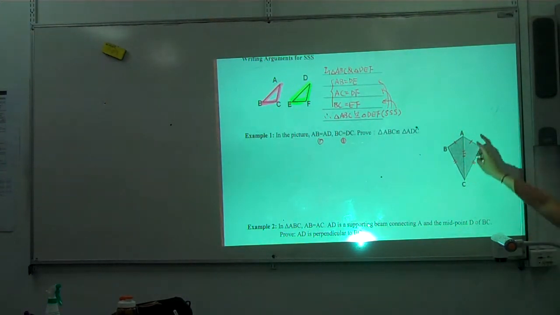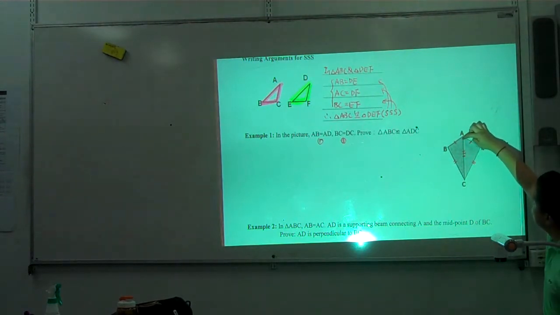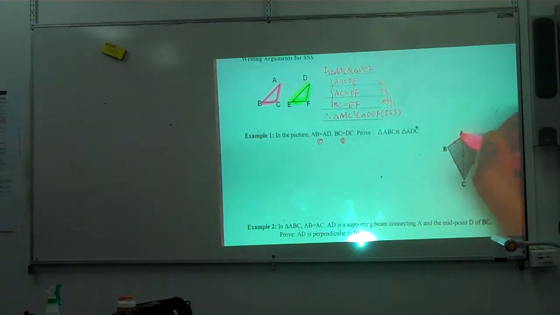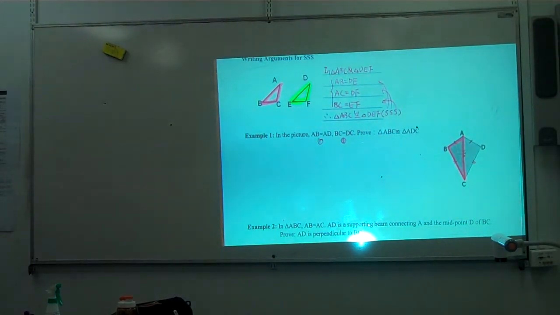Now, when we highlight, we need to include 1, 2, and 3 together. So if you highlight one triangle, can you find another congruent triangle? Is it easy to find another one? Yes. Definitely it's here.